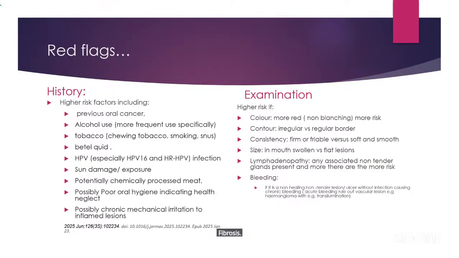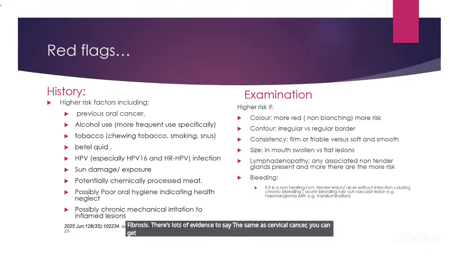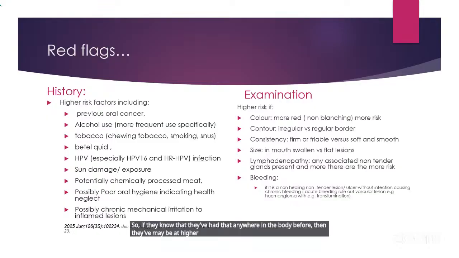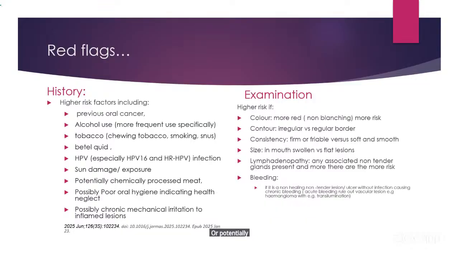There's lots of evidence to say that, the same as cervical cancer, you can get HPV-16 and HR-HPV viral infections that can long-term increase your risk of oral cancer as well as cervical cancer, depending on the site. So if they know that they've had that anywhere in the body before, then they may be at higher risk of the lesion that you see in the mouth being a cancer or potentially cancerous.